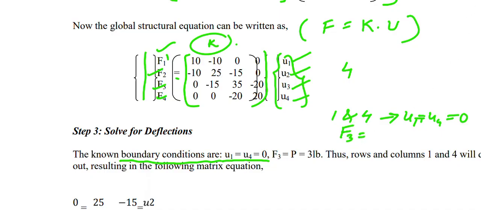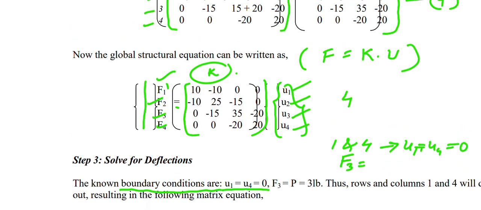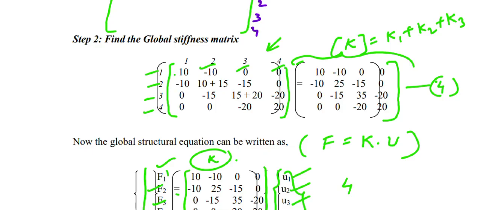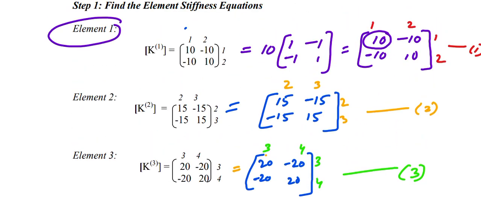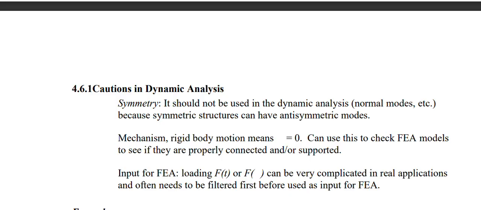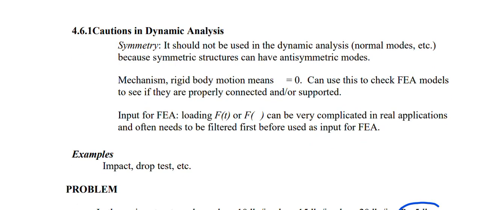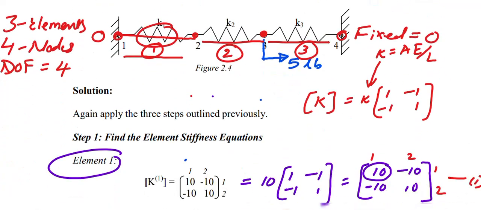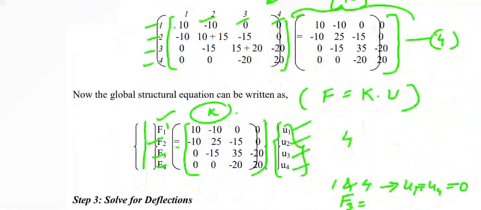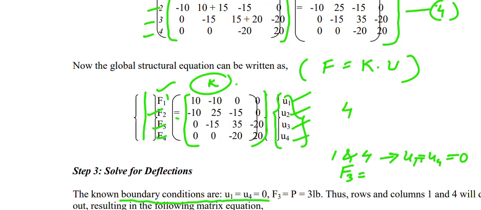Let us see what will be the value is given for force. It is here 3, but I think in question some other value is given, so you have to check it. Okay, before proceeding applying, sir, yeah, I am right. So the P value is given 5 lb here, and here it is taken as something 3 lb.